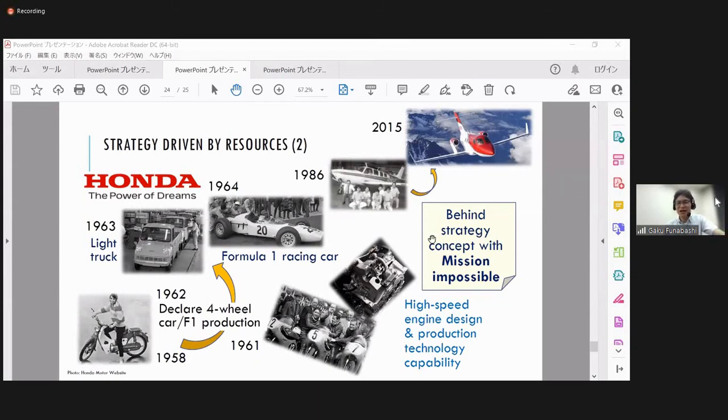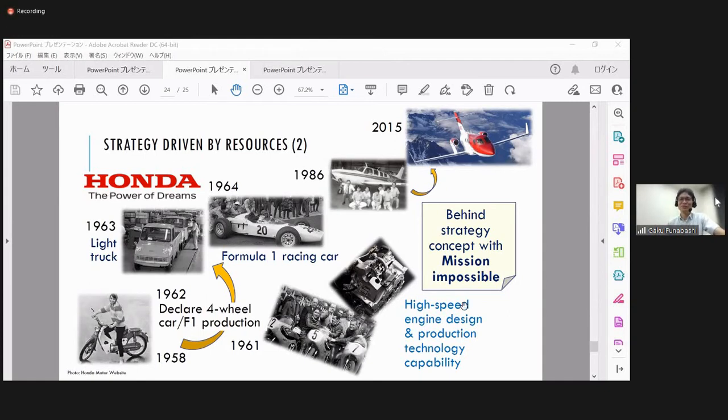And behind this strategy concept, which seems like mission impossible, for ordinary people outside Honda to produce Formula One racing car from the producer of only the motorcycle, it sounds like mission impossible.